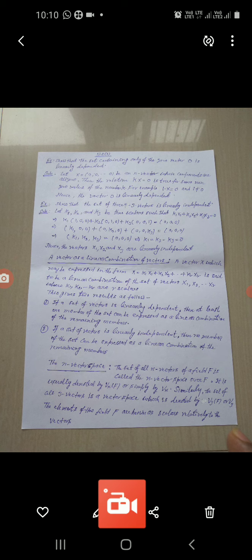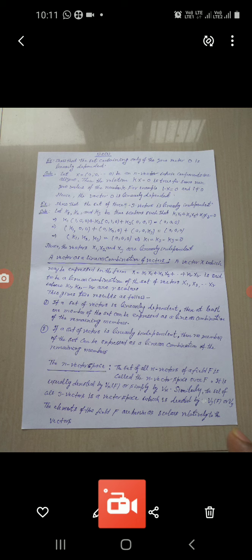Now we will discuss another example. Show that the set consisting of only the 0 vector is linearly dependent.